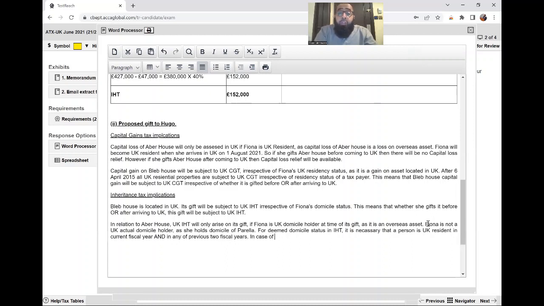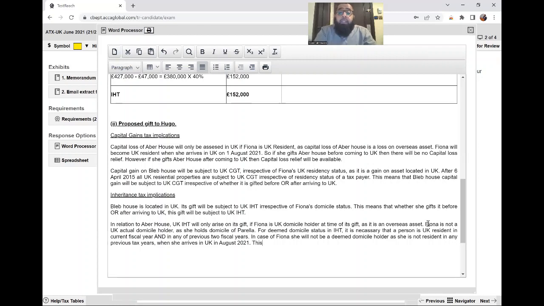In case of Fiona, she will not be a deemed domicile holder as she is not resident in previous tax years when she arrives in UK in August 2021.